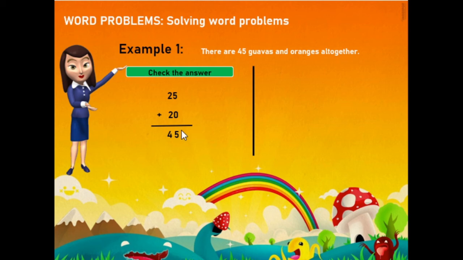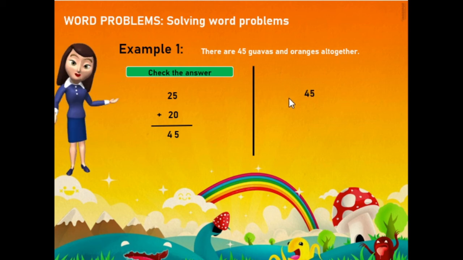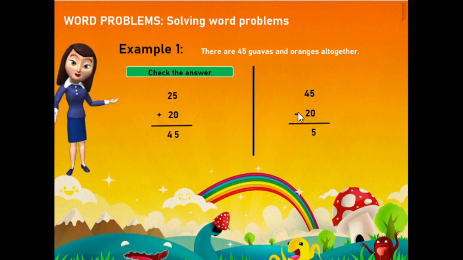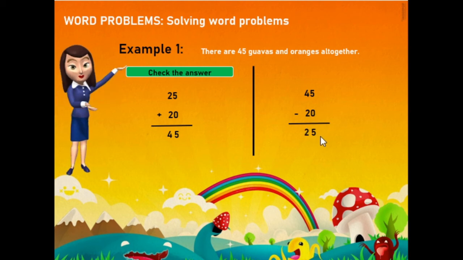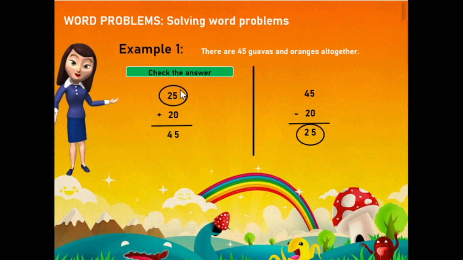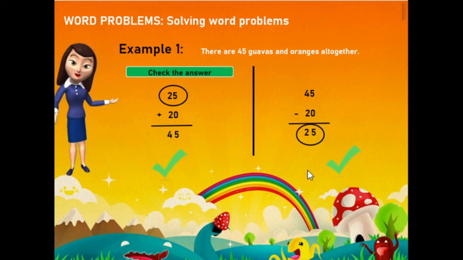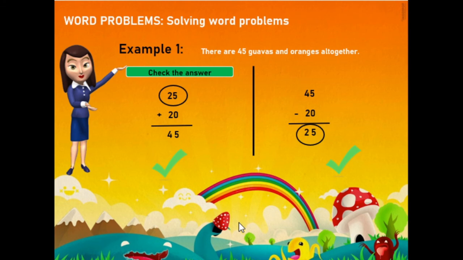Subtract the difference 45 and 20. 5 minus 0 is 5. 4 minus 2 is 2. 25 and 25. They are the same. That means your answer is correct. That is step 4. Check the answer.